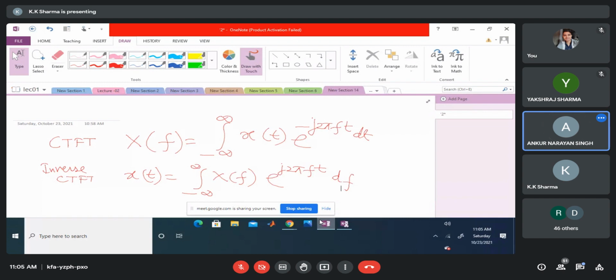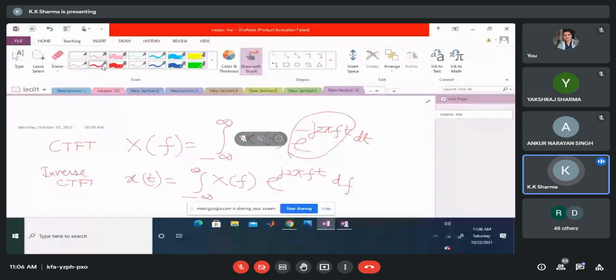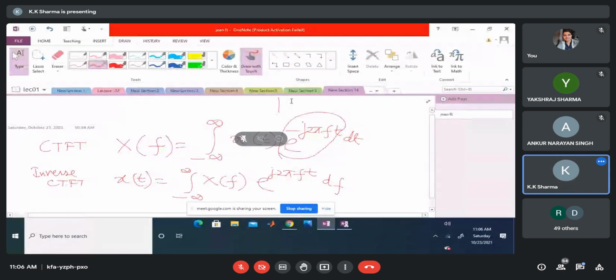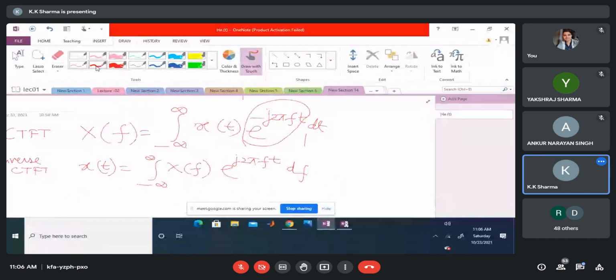So see, the upper equation is the definition of the continuous time Fourier transform, the usual definition. This e to the power minus j 2 pi ft, this exponential thing, is called the kernel of the transform.